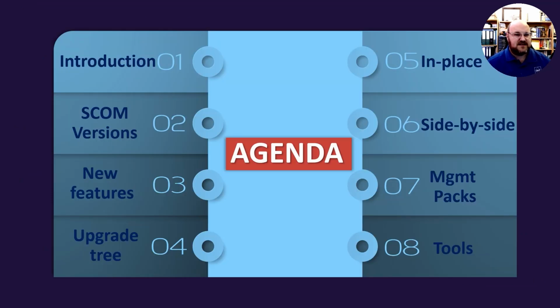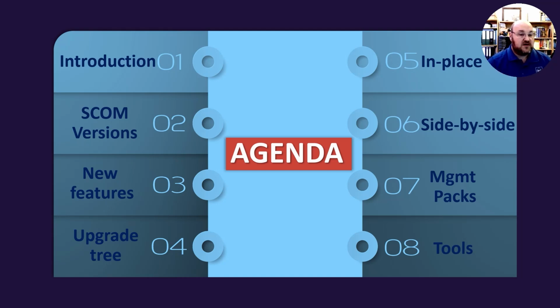So this is the agenda for this session. We have done the introduction and now we talk about SCOM versions to establish if and why you should or could upgrade your SCOM environment. I will briefly mention some new SCOM features in some of the newer versions, and next we will discuss the SCOM upgrade tree and what other factors you should look at to decide what kind of a migration or upgrade you should select.